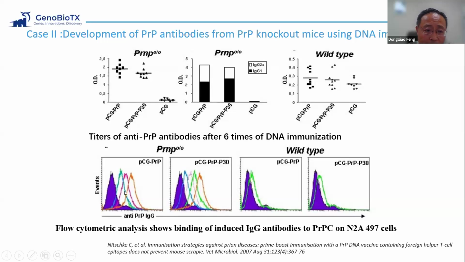This is the FACS analysis of the antibody from the mice using the antigen-positive cell line. You can see a very significant peak shift in the knockout mouse background, but not in the wild-type mouse background, which means that you can use either recombinant protein or DNA to immunize those knockout mice to make a monoclonal antibody against the high-homology or self antigen.